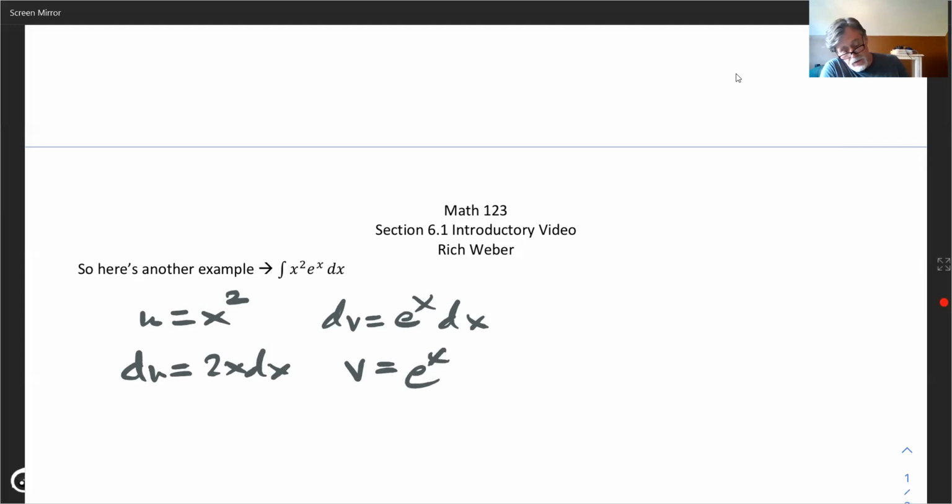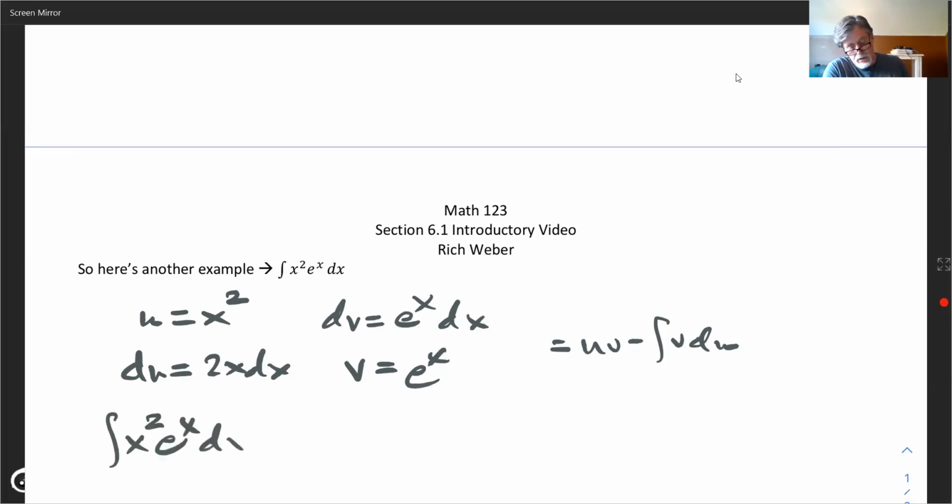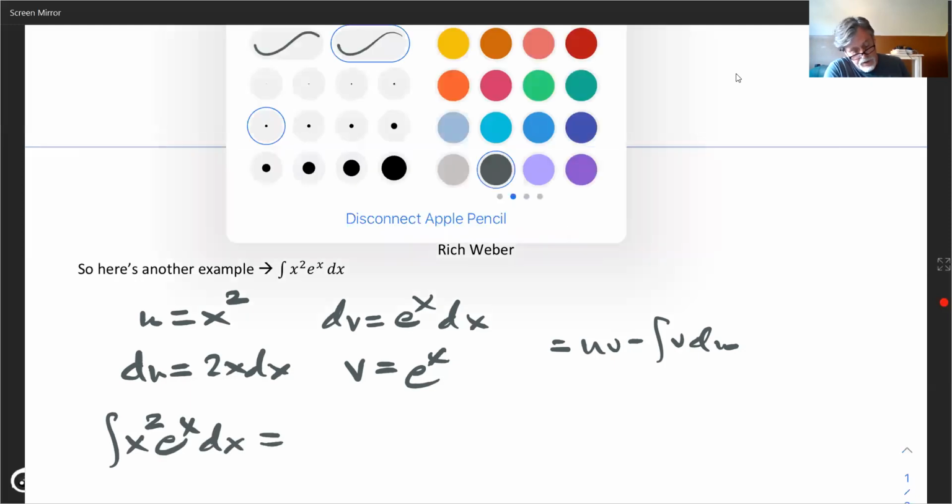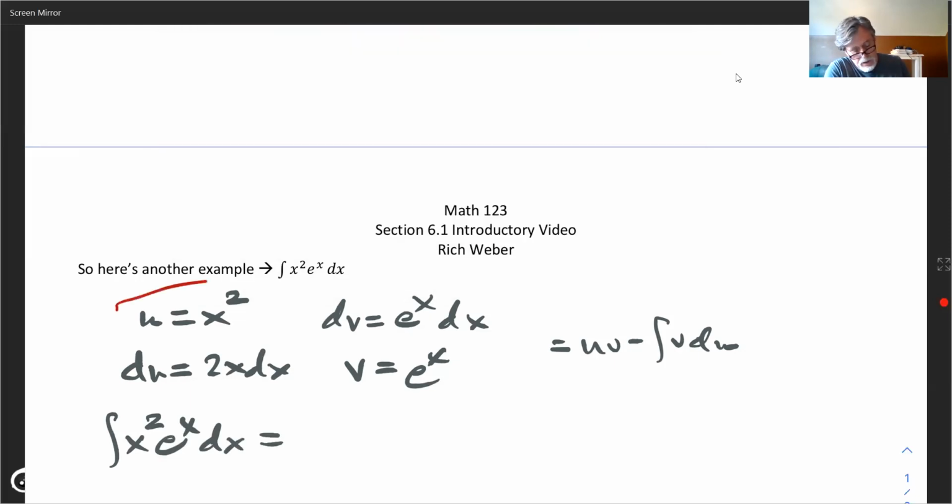Okay, so using the pattern that it's equal to uv minus integral v du, which is nice to remember, we get that the integral of x squared e to the x dx is equal to uv, and I tend to do this on the board with another marker, u times v. Okay, so let's write that in red.